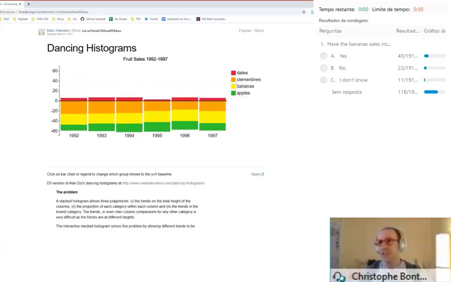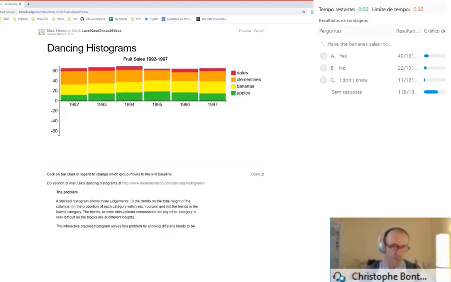Of course you will tell me it's easier when you have interactive stuff, but if you really want to provide information about this type of sales, you have to be aware that you will only be able to see the first category and the total, but not the details. So if the details are not visible, why use stacked bars? In this case, I think it's not pertinent. And unfortunately, we use stacked bars quite often.